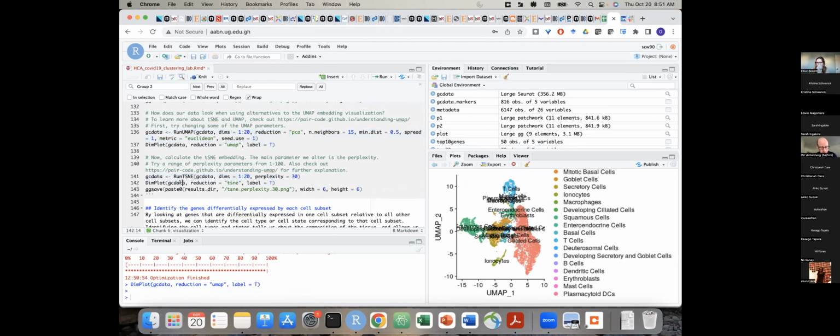And then we can also show this as something called a t-SNE, which was very popular before the UMAP and became less popular once the UMAP came out, because the UMAP has some nice features, both visually and mathematically, that people like. The t-SNE takes a little longer to run, so we'll let it run in the background.